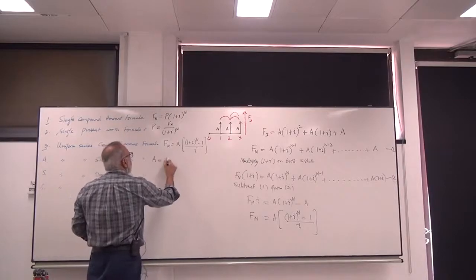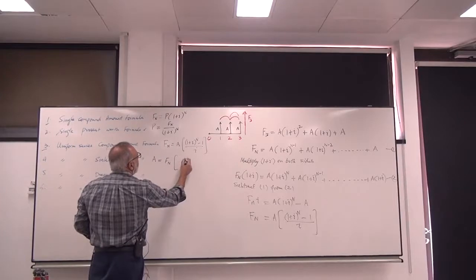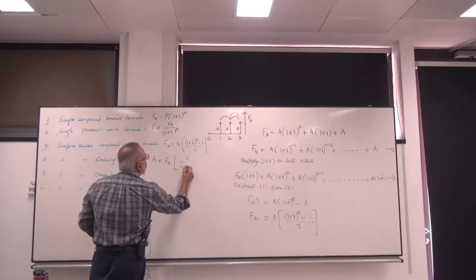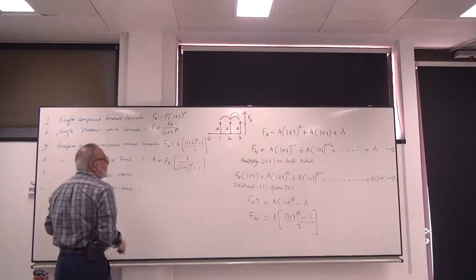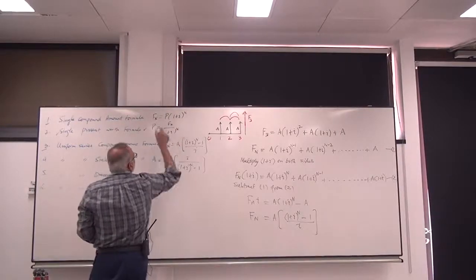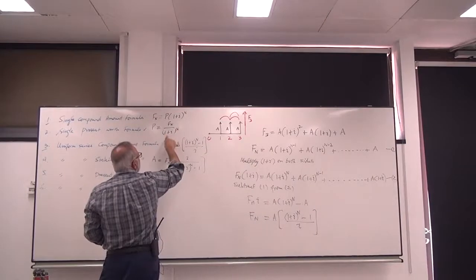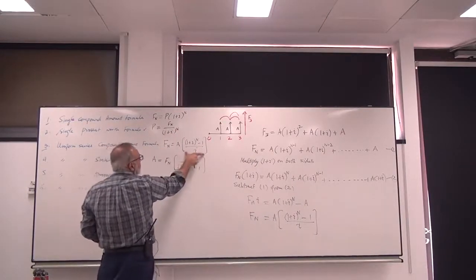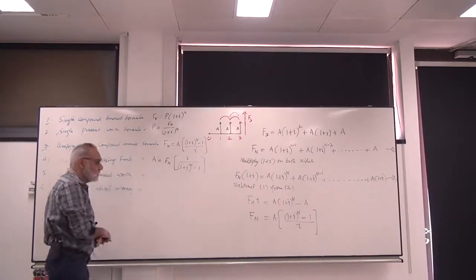So we have A equal to Fn into I over 1 plus I raised to power n minus 1. These terms in brackets also have names. This is the present value factor, this is the future value factor, 1 over 1 plus I raised to power n. This within the bracket is called the compound amount factor, this is called the sinking fund factor.